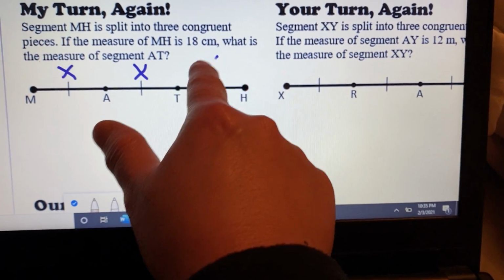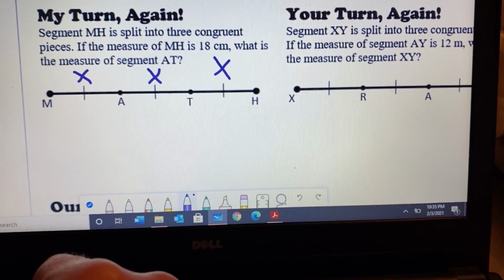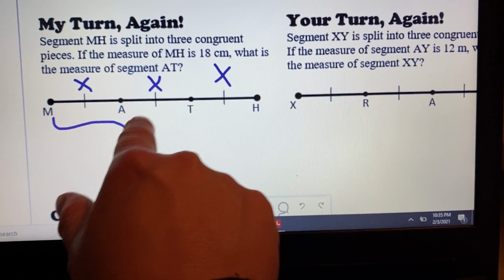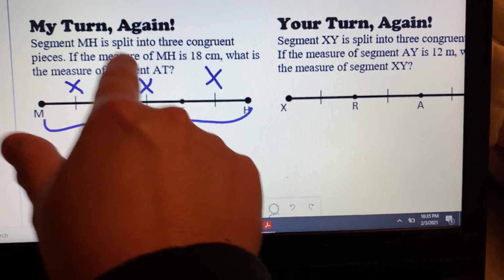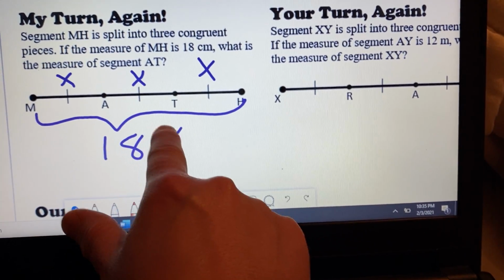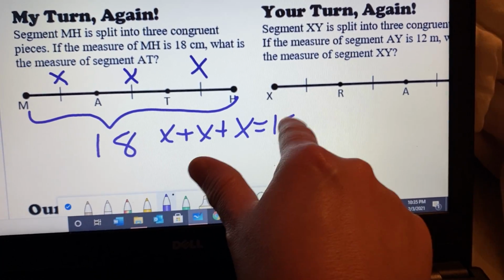And TH is also got to be X because it's congruent to these two. And it says the length of MH, so this whole thing, is 18. So the same number added 3 times gives me 18. X plus X plus X equals 18.